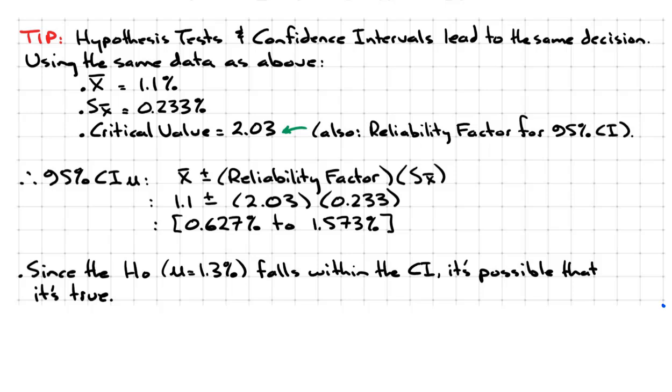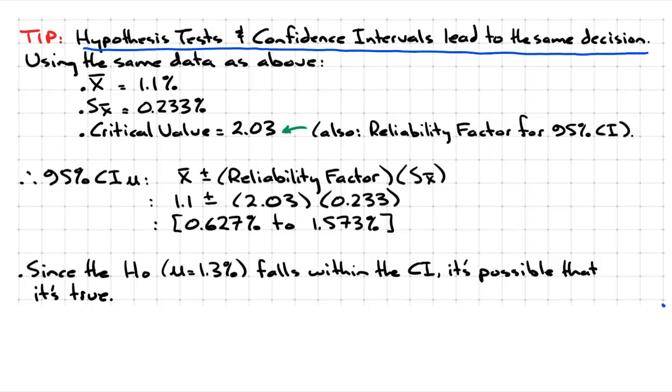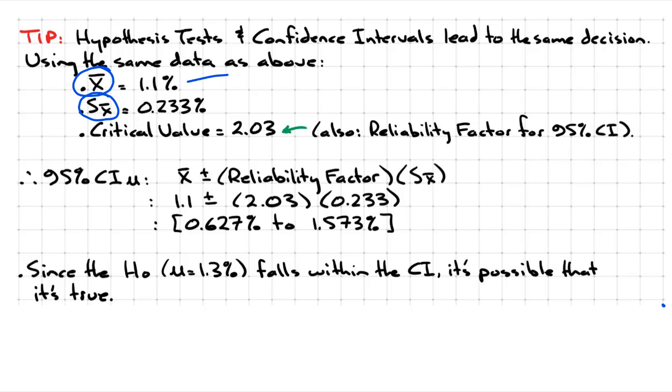Now, tip: hypothesis tests and confidence intervals will lead to the same decision. So if we use the same data as the illustration above, and here it is reproduced, the sample mean is 1.1, the standard error of the sample mean is 0.233, and the critical value, if you want a 95% margin of error, would be 2.03.